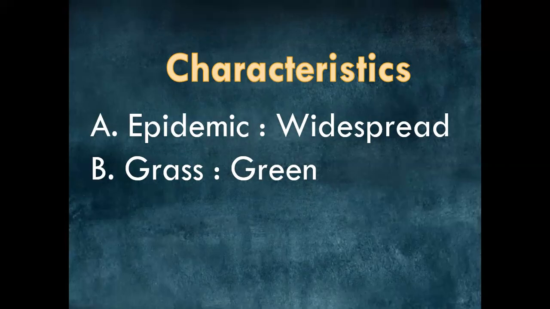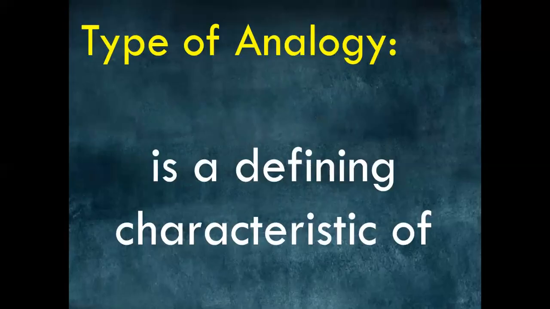The characteristic of an epidemic is widespread. Grass is green. Another term for characteristics would be description. Let's try the following. So this type of analogy is to show a defining characteristic or description, class.